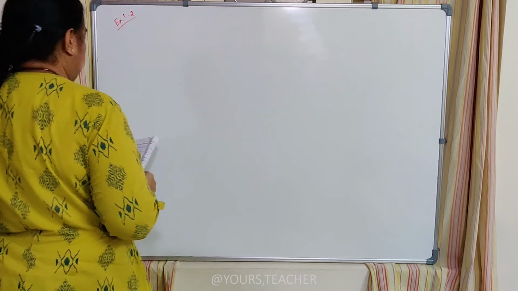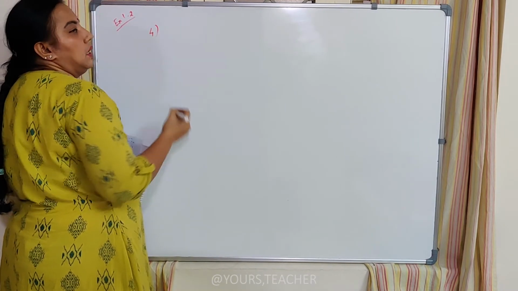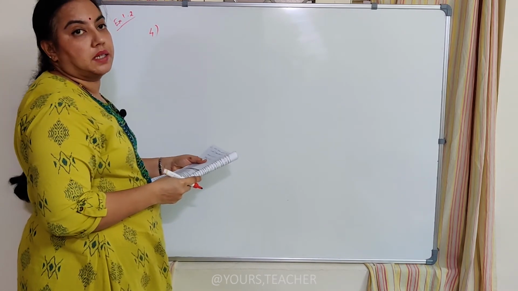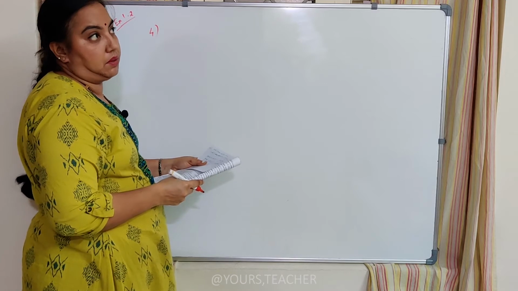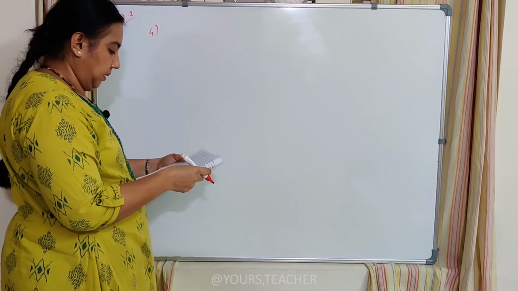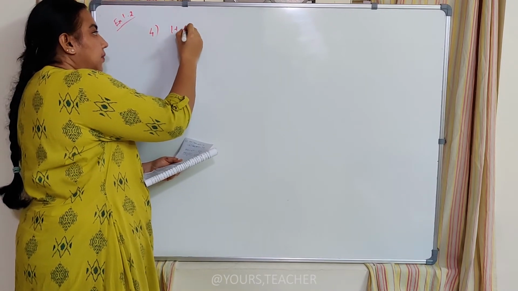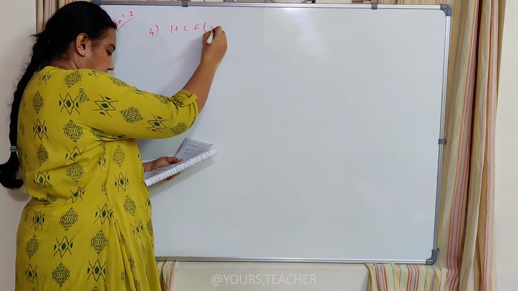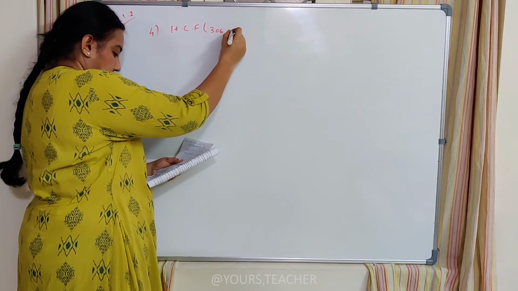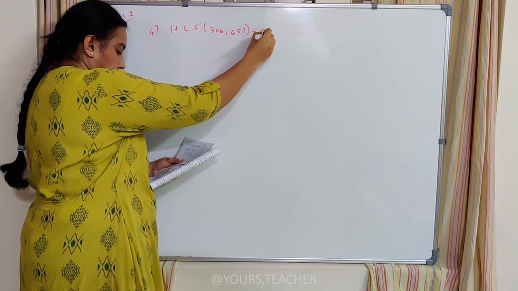The fourth sum is the actual sum: what is the relationship between HCF and LCM and the given numbers. That's what we have been studying from the beginning of this chapter. We are doing that sum here now. The HCF of the two numbers 306 and 657 is equal to 9.